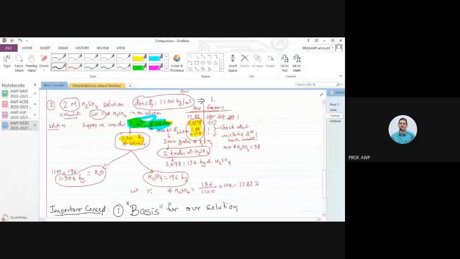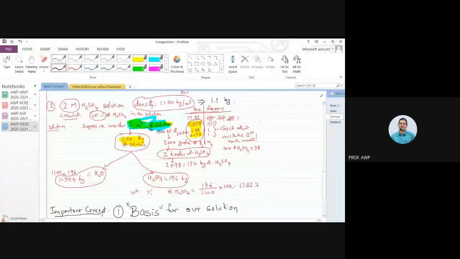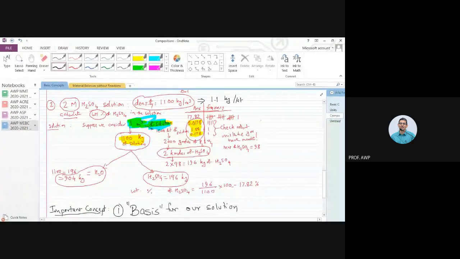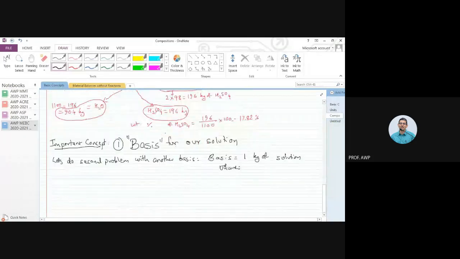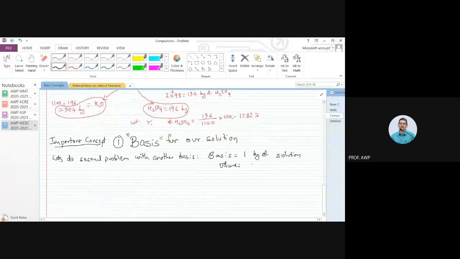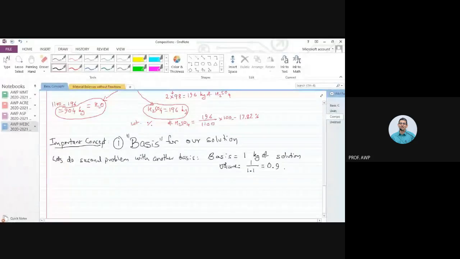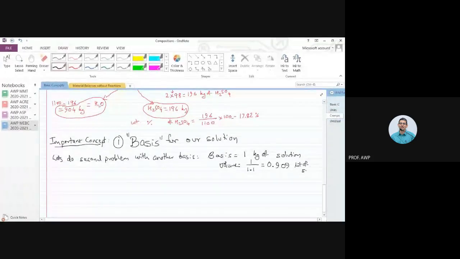This is same as 1.1 kilograms per liter, isn't it? So if I take 1 kilogram of solution, what would be the volume of that solution? It would be 1 divided by 1.1. This would be 0.909 liters of solution.